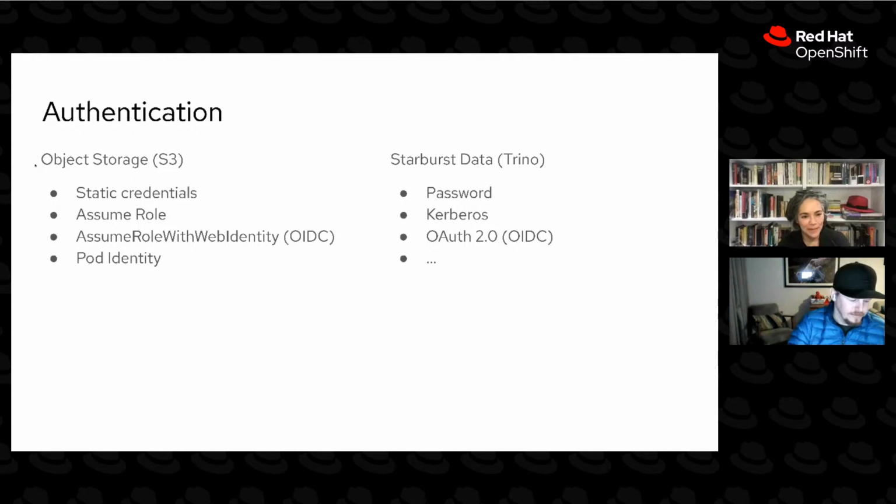So the initial thing that was available was just static credentials, and a lot of people still have static credentials for a lot of things. With static credentials you get a set which includes an Amazon access key and an Amazon secret key, and the combination of those two is used to sign each HTTP request that's sent to the object storage endpoint.